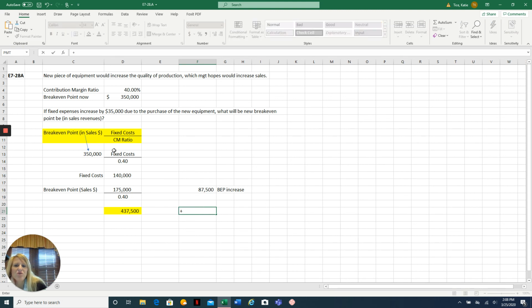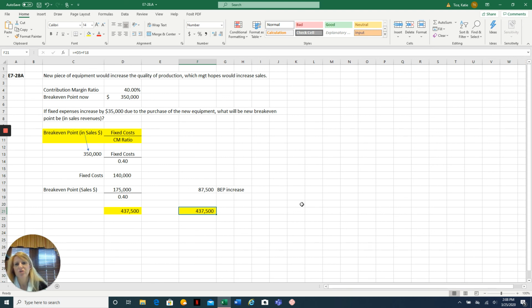So we knew the break-even point before was $350,000. If it increased $87,500, you still get $437,500. So again, you could have got that number a couple different ways.